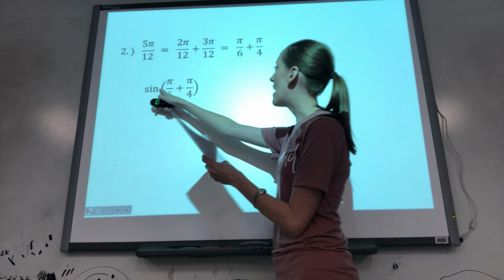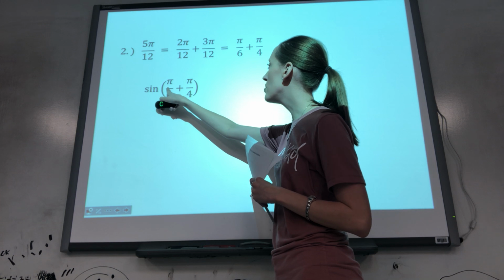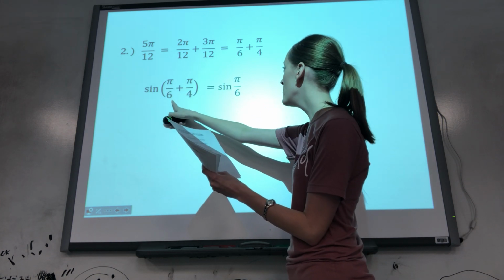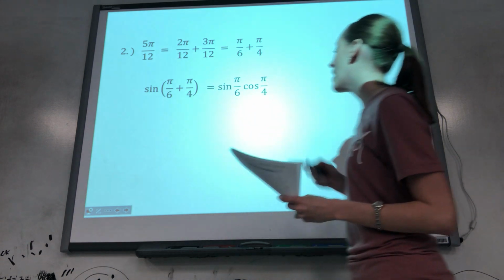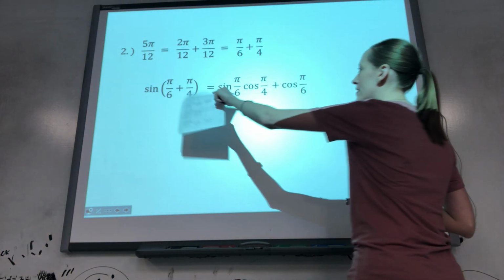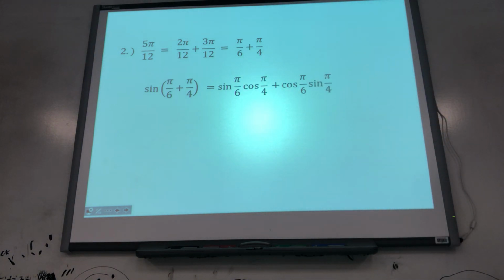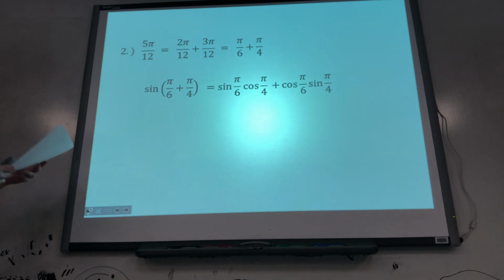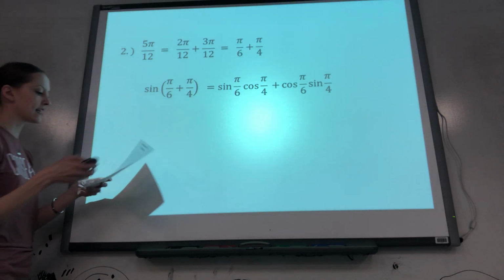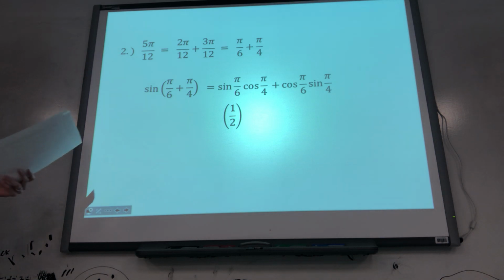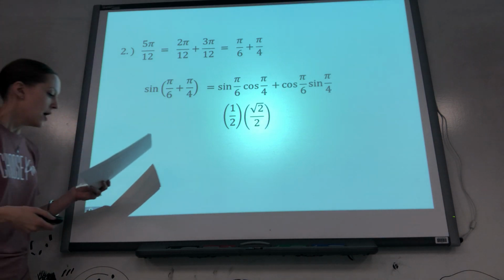All right? Now, this is sine of u plus v. So sine of u, cosine of v, plus cosine of u, sine of v. I need to look all of these up real quick. Sine of pi over 6 is 1/2. Cosine of pi over 4 is radical 2 over 2.